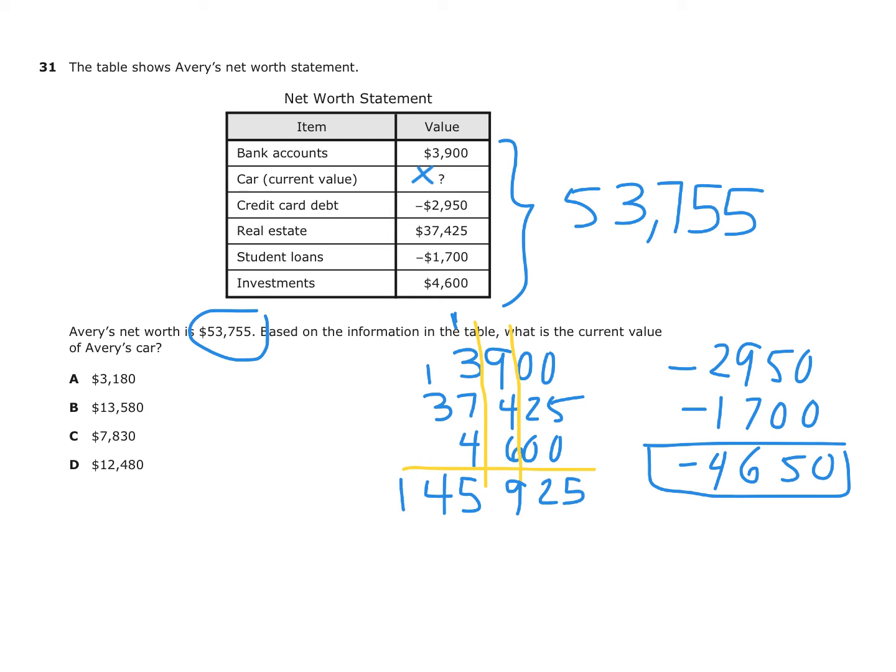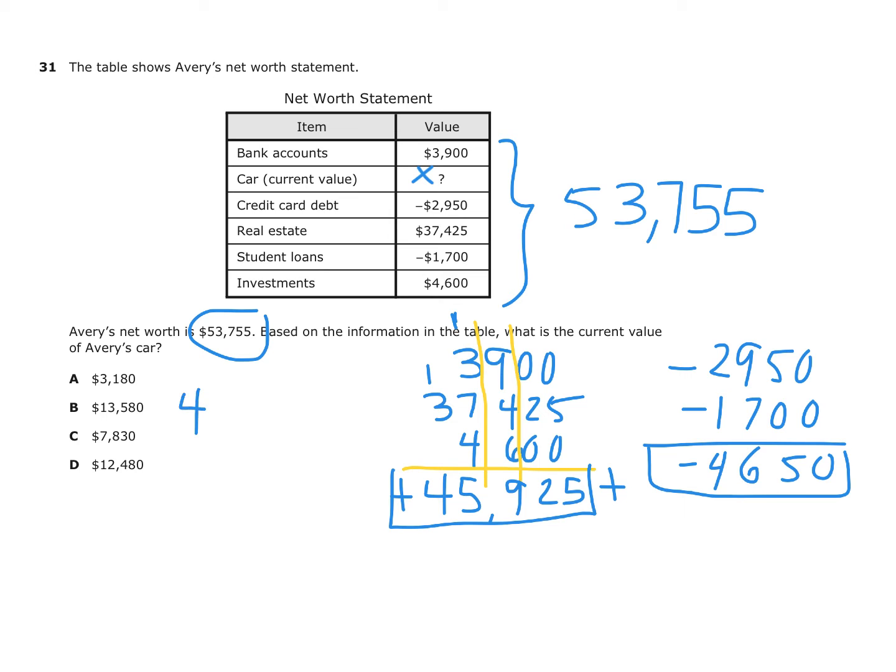So this is a positive amount. When we combine these two, this is how much he has in investments and in his bank, and this is how much he owes. So when we add these two, you have to subtract the 4,650 from that. So that's what we're going to do.